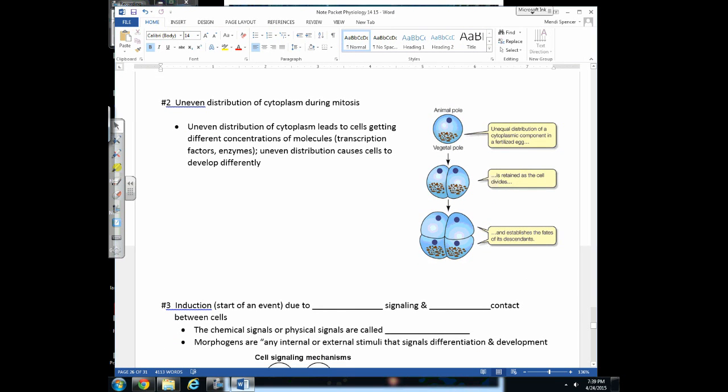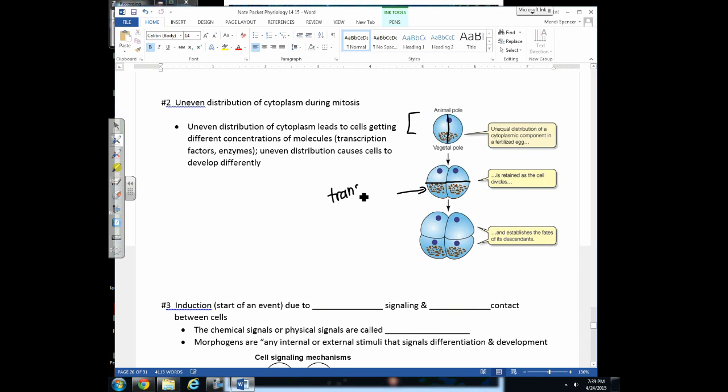Okay, so the second factor we're going to look at is simply the uneven distribution of cytoplasm during mitosis. As a zygote divides into two cells and those cells divide, that division with no increase in size is called cleavage. So when this cell splits in two, the entire structure doesn't get bigger, it just cleaves into two cells. So that's what we mean by cleavage. As these cells cleave or divide in two, you can see that you get an uneven distribution of molecules.